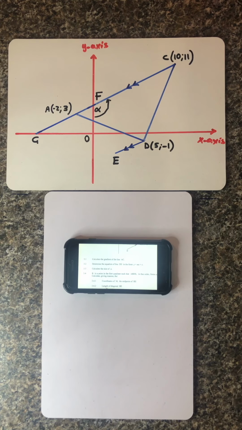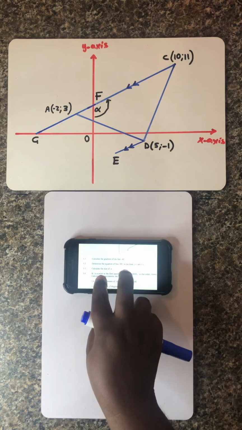Now, good people, let's start with our very first question. I hope you can't wait to start with our first question, ladies and gentlemen. The first question, which is 3.1, says calculate the gradient of the straight line AC.